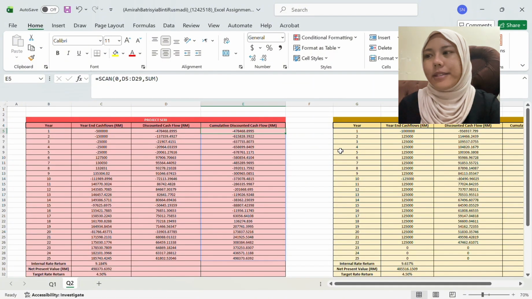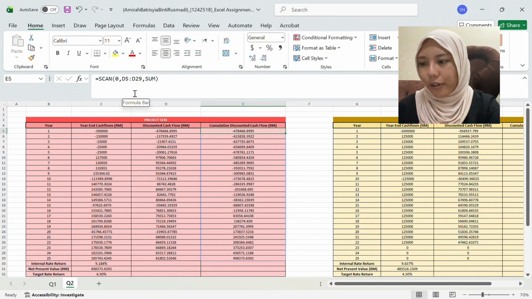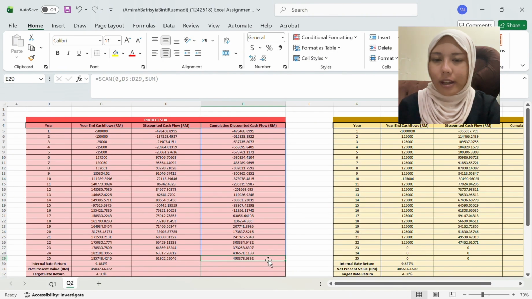The SCAN function generates a dynamic running total across the discounted cash flow array, ending at 498,373.6392 at year 25, which matches our total NPV exactly.